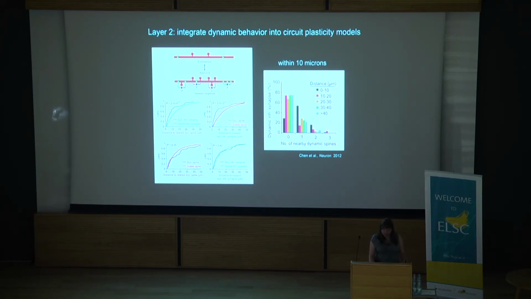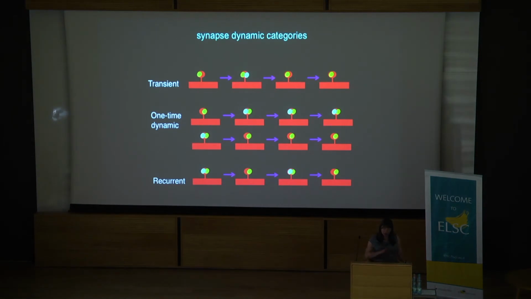The second thing that we could look at, aside from this local clustering, is looking at each one of the dynamic categories and breaking them down for each type of excitatory or inhibitory input. So for example, in the case of spines and inhibitory synapses, we see these changes that are transient, which means the synapse popping in just for one session and then going away, or the spine popping in and going away.